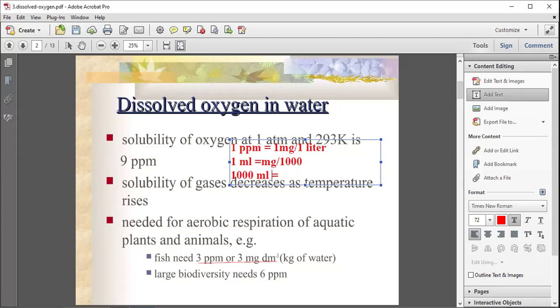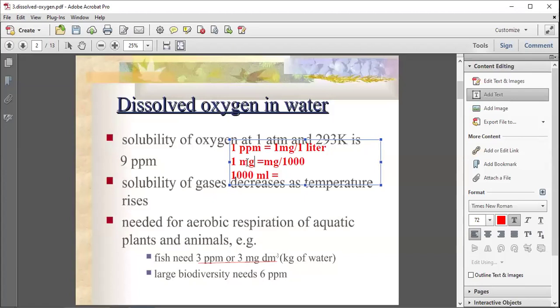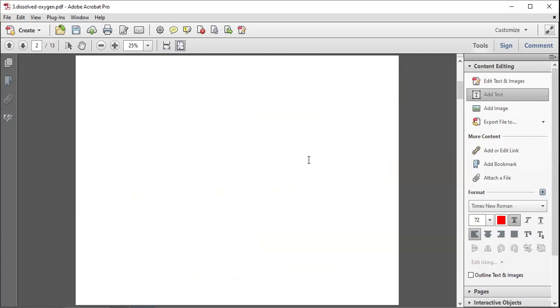Sorry, by mistake that one. 1 milligram is equal to milliliter divided by 1000. Okay, now you say okay, that's one. Equal to the unit conversion.